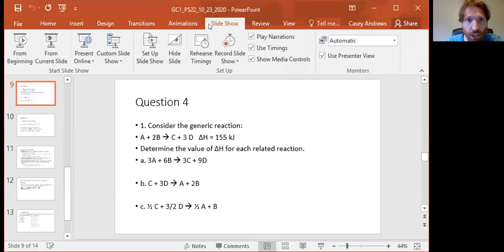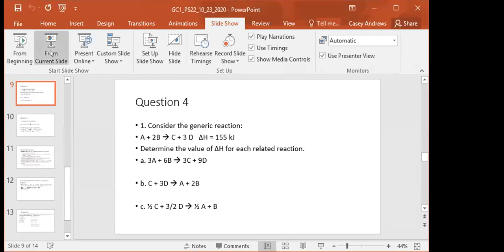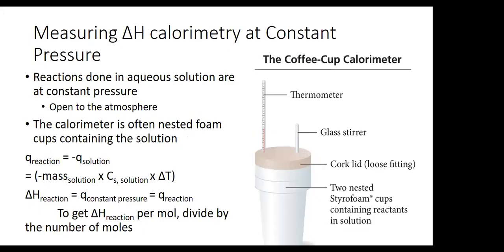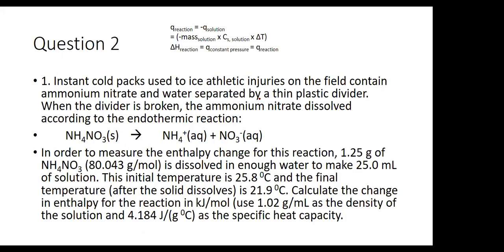And so today, what we're going to talk about is we're going to continue our discussion on enthalpy. So on Friday, we talked all about calorimetry, where we looked at bomb calorimetry and coffee cup calorimetry, and we were just seeing, from a reaction, could we calculate delta H?